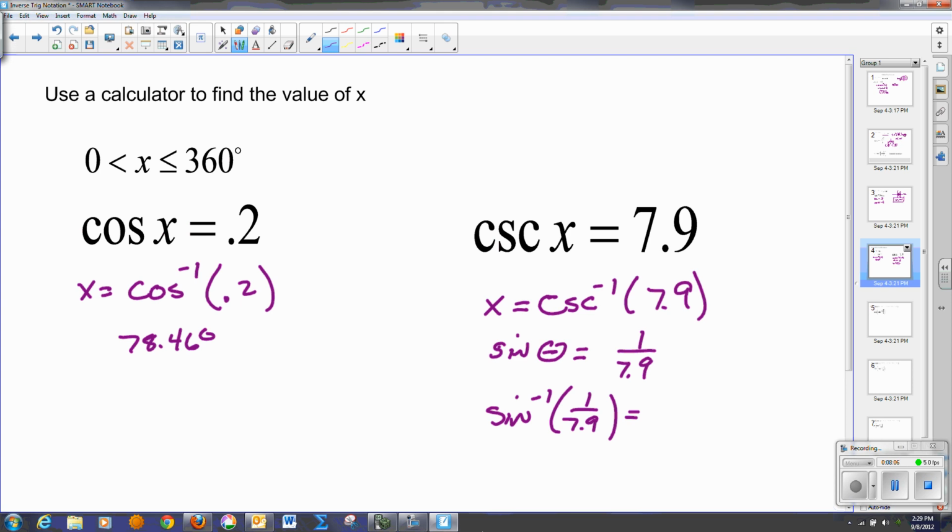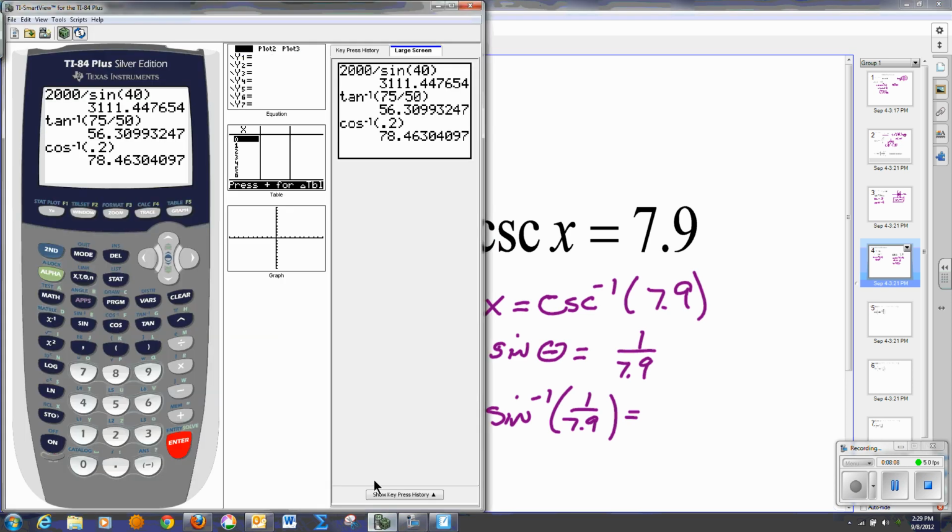So I'm going to go back to my calculator and ask for the inverse sine of 1 divided by 7.9. I think I have to back that up and delete it. And that's going to give me some value of 7.27 degrees.